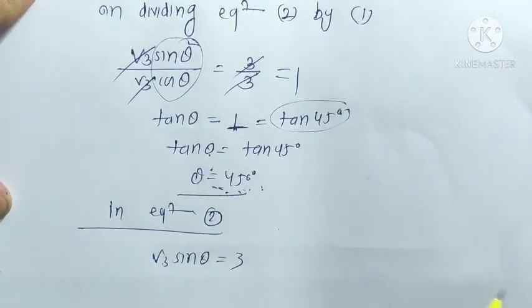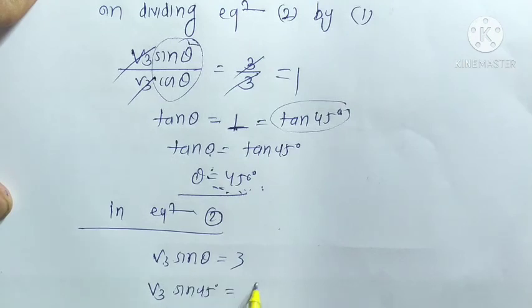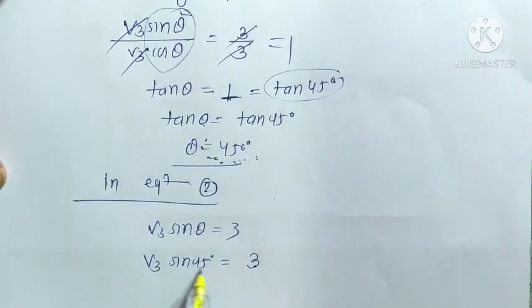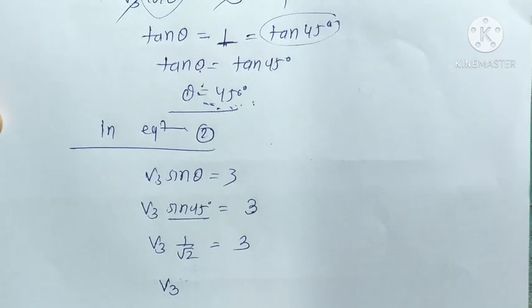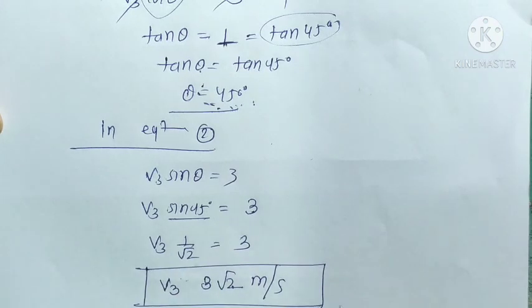So we put the value of theta here: v3 sin 45 degree is equal to 3. You already know sin 45 is 1 upon root 2, so v3 is equal to 3 root 2 meter per second. So this is the value of v3.